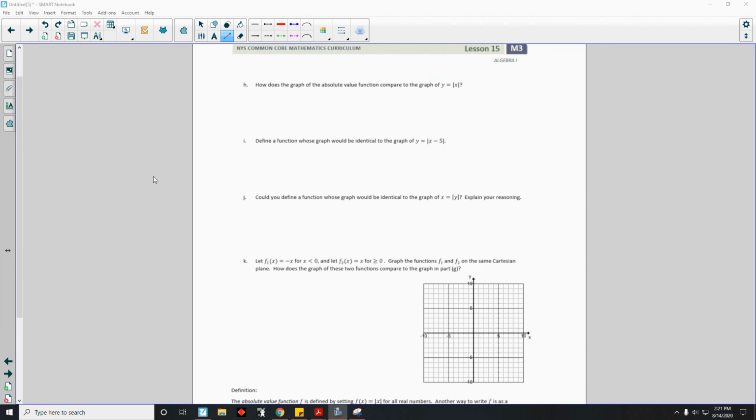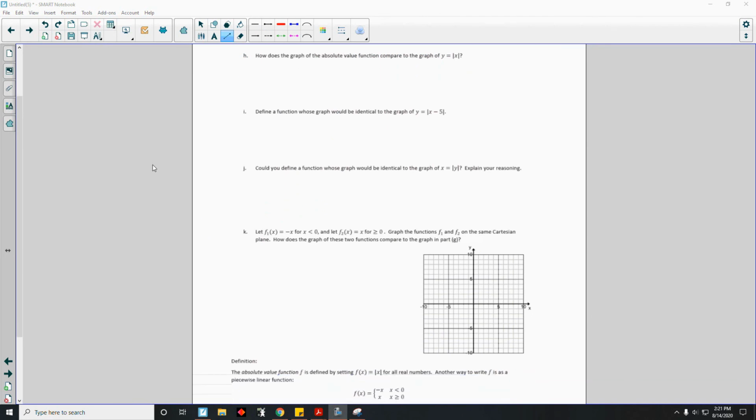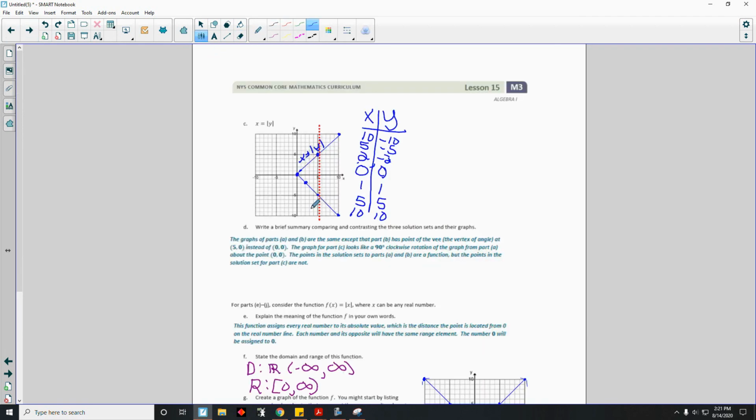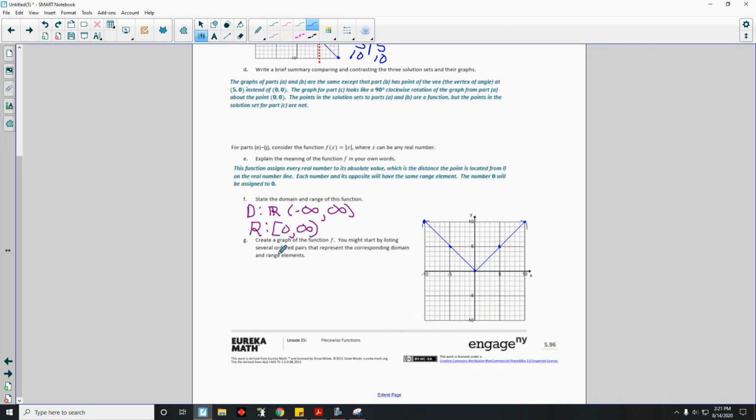Okay, page 3 brings us to part H. How does the graph of the absolute value function, and when they say that, they're talking about the function f of x equals absolute value of, I'm sorry, f of y. Okay. Well, let's see, what are they using before I just assume one way or the other.